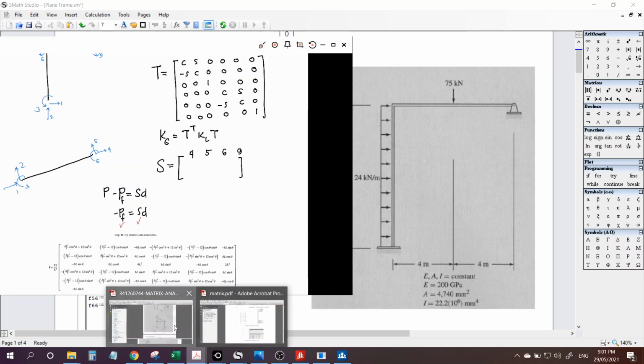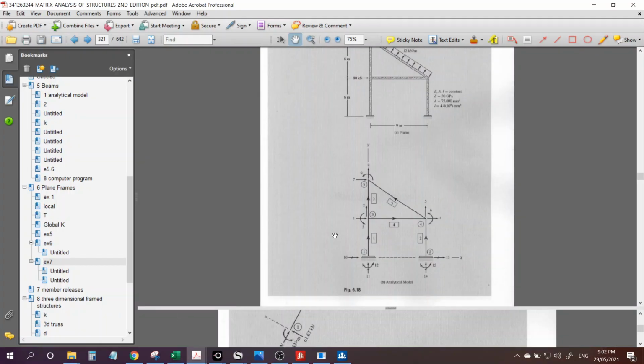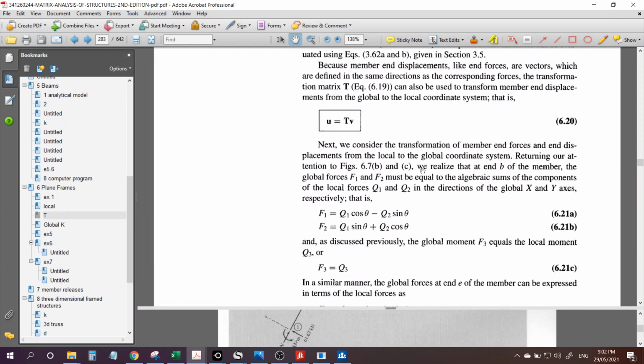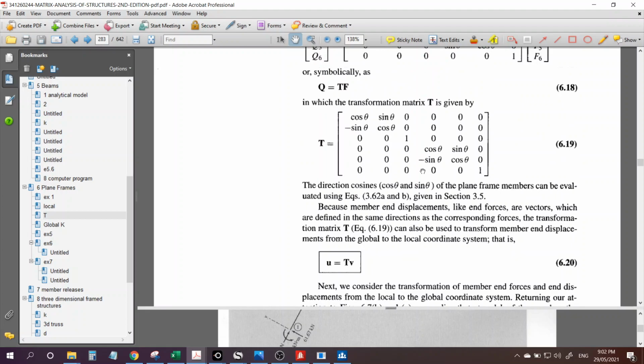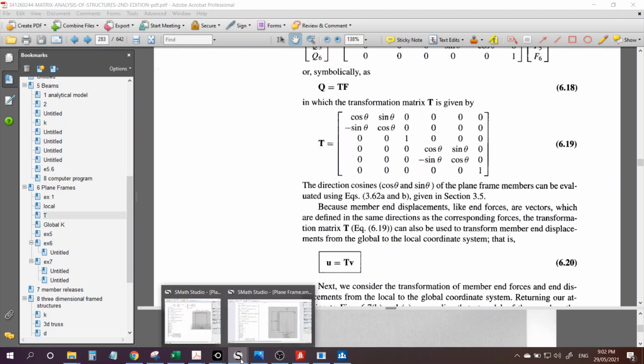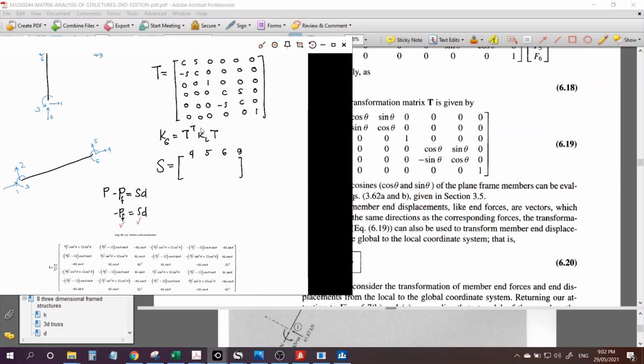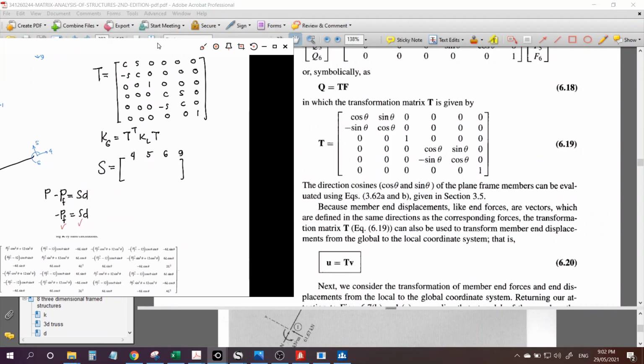And where is our transformation matrix? Cosine, sine, negative sine, cosine. Okay, that's it.